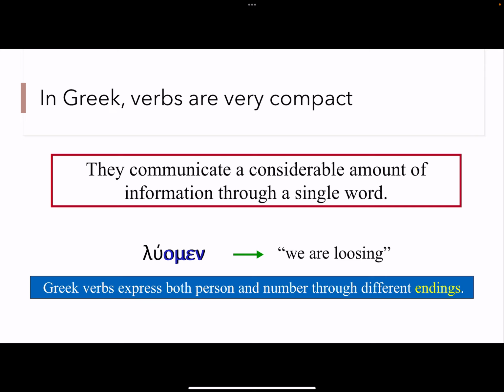In Greek, we keep the root of our word, like luo. The root of luo is lu, and then we add or change the ending, and also sometimes the beginning, of the verb in order to communicate who is speaking and when the verb is taking place.